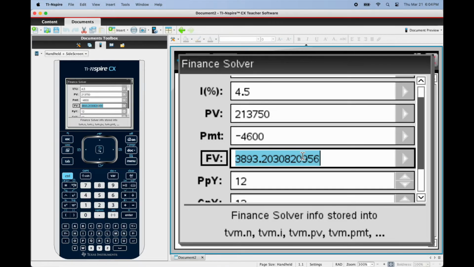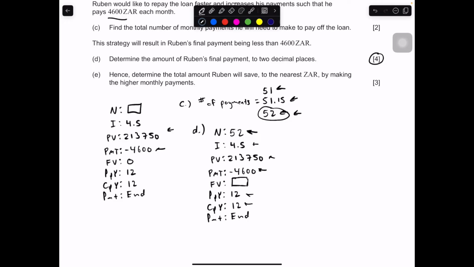And here we go. So going back to the calculator screen, our final value is equal to 3,893.20. That would be how much he has overpaid by.